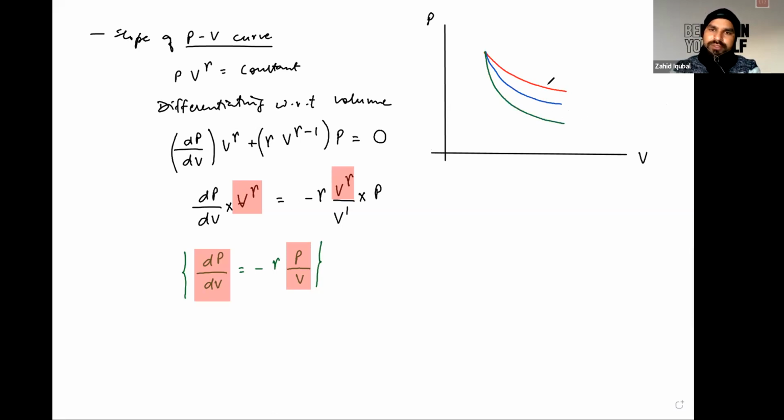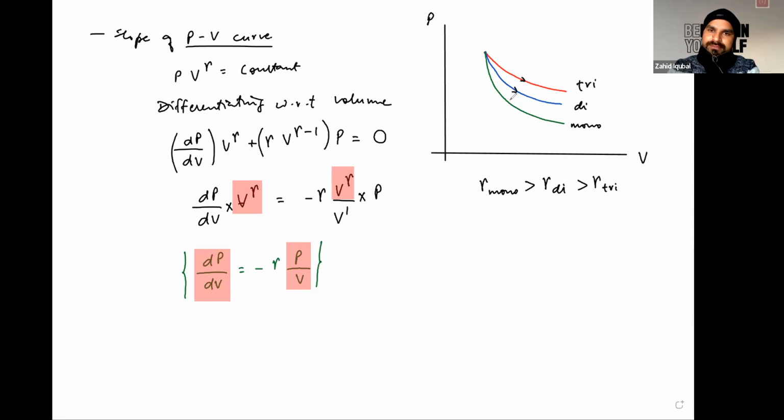So how do we relate which of these curves is for monoatomic, diatomic, triatomic? Let me explain on the basis of gamma. As we know, gamma of monoatomic is maximum compared to diatomic and then triatomic. So the greater the value of gamma, the more stiffness it will have. It means the lowermost curve will be for monoatomic, then diatomic, and then triatomic.